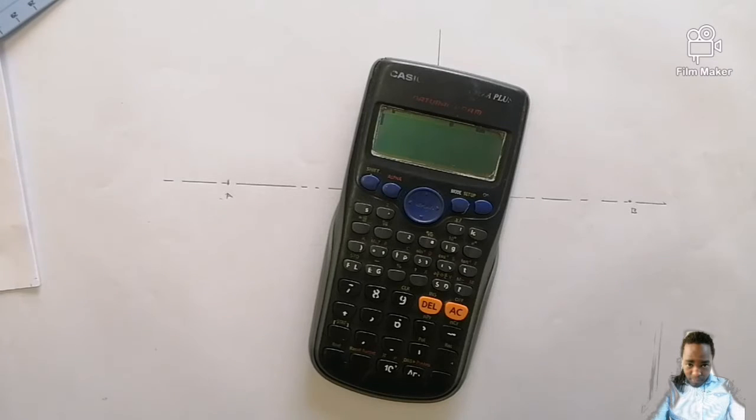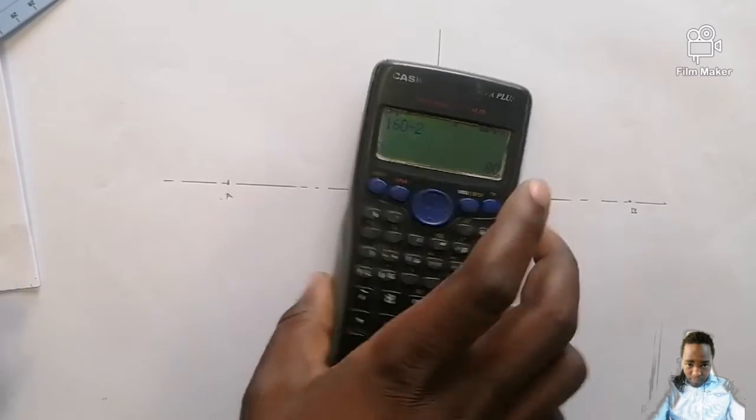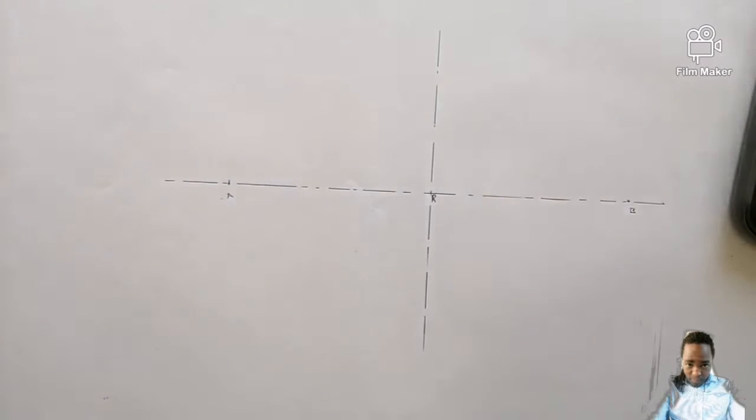Don't consider a calculator in mathematics and some other subjects only; even here in engineering drawing, you must have a calculator, so that you don't guess dimensions. Even if you know the answer, punch it, so that you relax your mind, isn't it? So 160 divided by 2, how much are you getting? 80 millimeter.